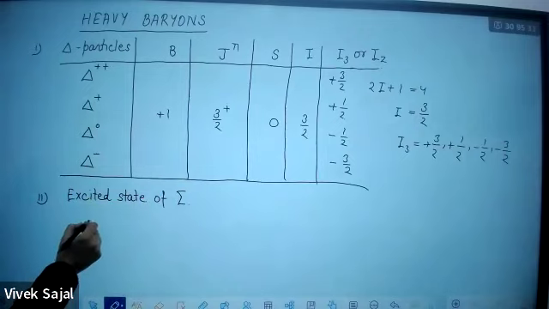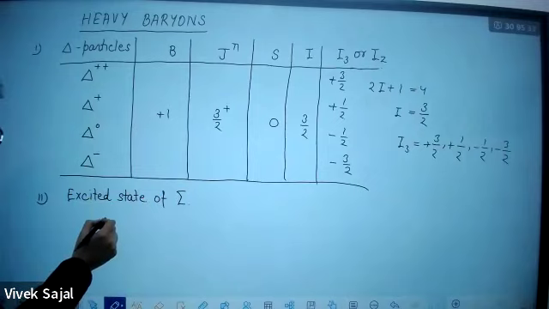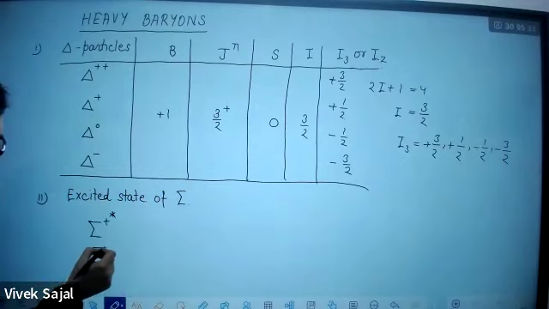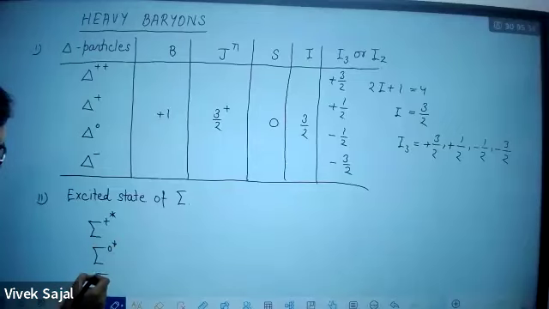They will be sigma plus star, where the star represents the excited state. Then sigma naught star, and then sigma negative star.